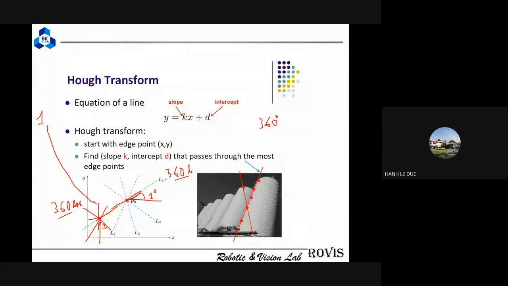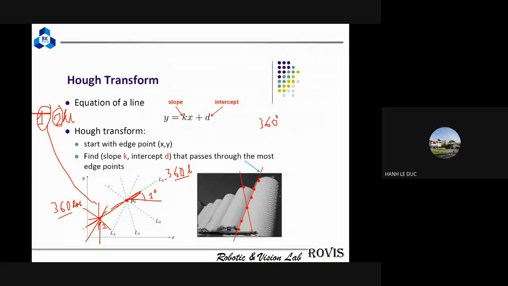So it will become one here. It will become two lines. The first line goes through P0, the second line goes through P1, and then we have the two lines going through P0 and P1. So that means we vote the number.